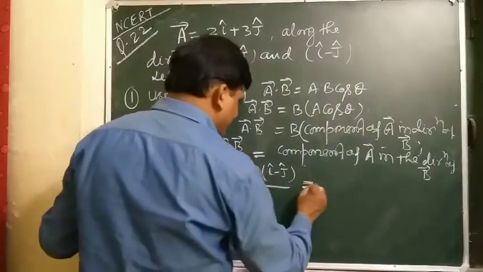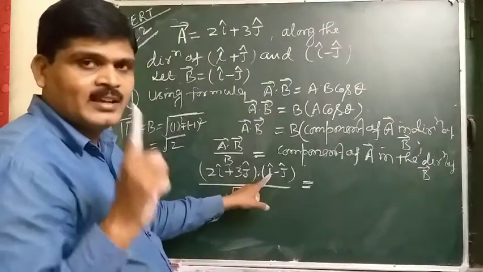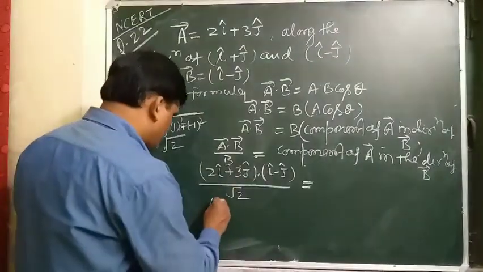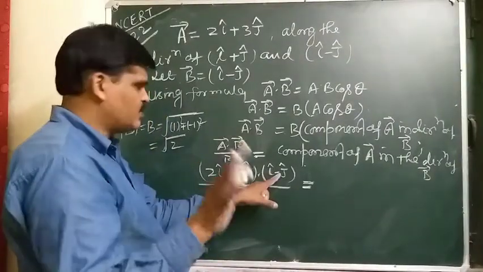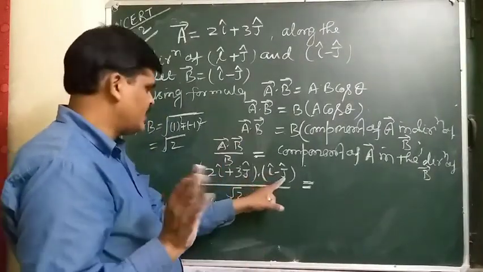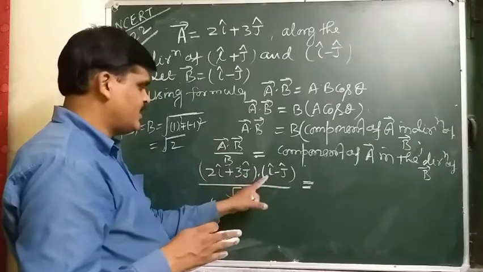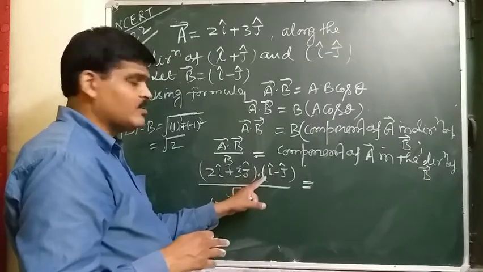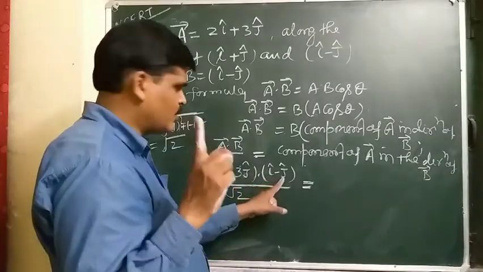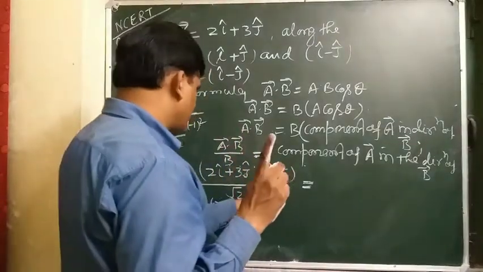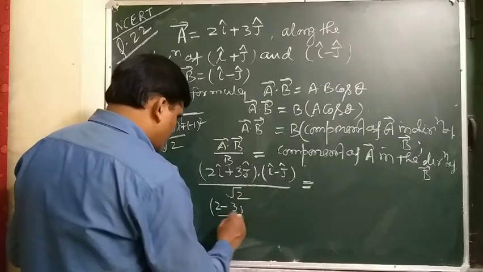And student, again dot product i dot i is 1, so it is written as 2. i dot j is 1 cos 90, cancels out. j dot i is 1 cos 90, cancels out. j dot j is 1, but 3 into minus 1 is minus 3, and by root 2.